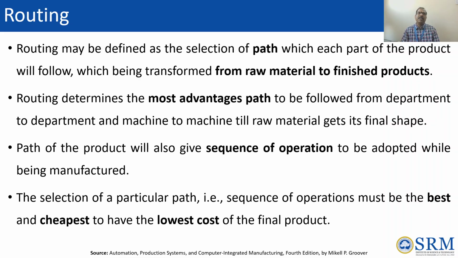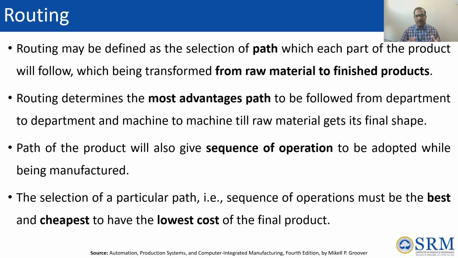Department to department means, according to the individual product, the product will be traveling inside the industry through various departments, starting with the casting department, machining department, surface finishing department, welding department, drilling department, inspection department, painting or polishing, like that.